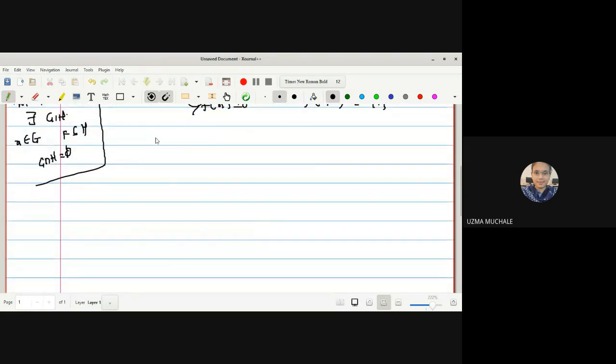So now let us see what is the definition of a T3½ space. Already we have seen in the last lecture what is T3½. It is nothing but T1 plus completely regular space.